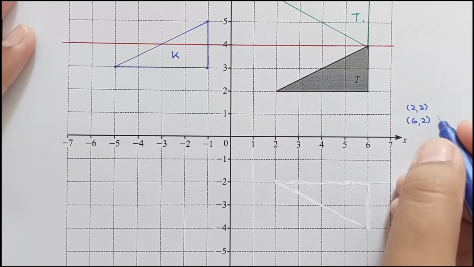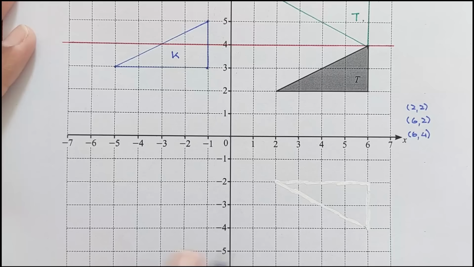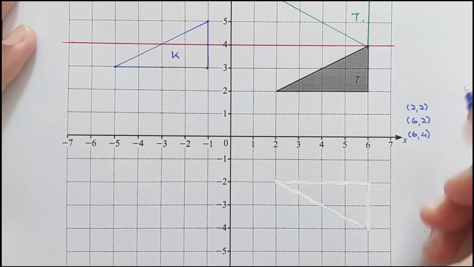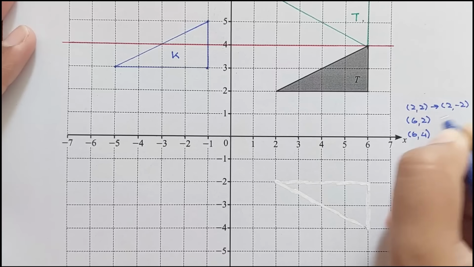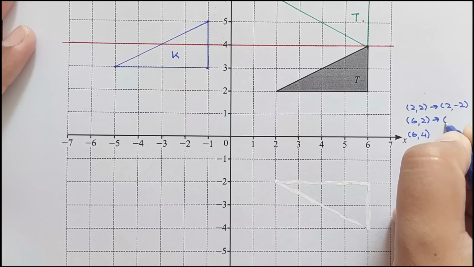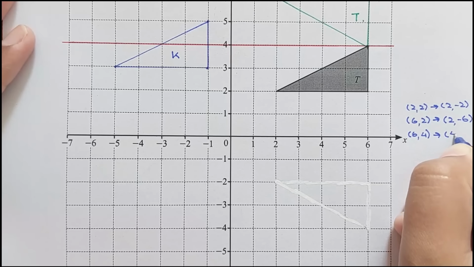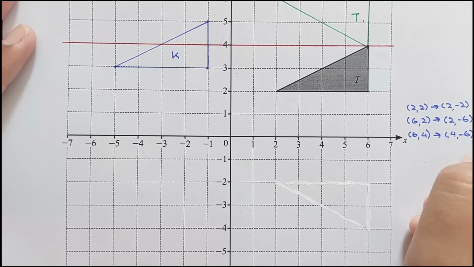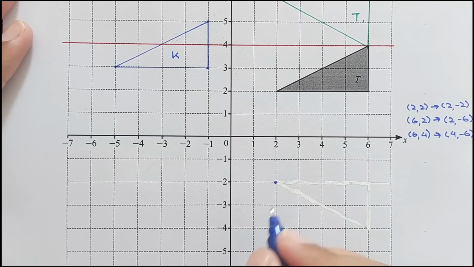And this is (6, 4). So these coordinates change to (2, -2), y and -x. For the next, y is 2, x is 6, so (2, -6), and (4, -6). The new coordinates: (2, -2) is this point, (2, -6) is this point, (4, -6) is this point.